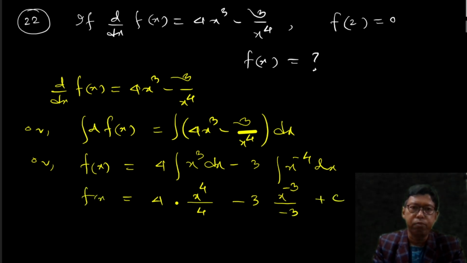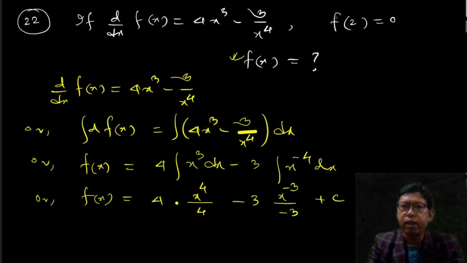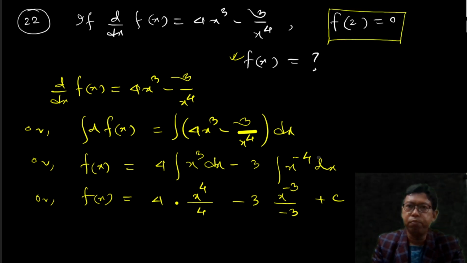On the left side it is f of x. Now since it is asked to find your function f of x, what is given? f of 2 is given. f of 2 is equal to 0. So from this condition, you can find the value of constant c.